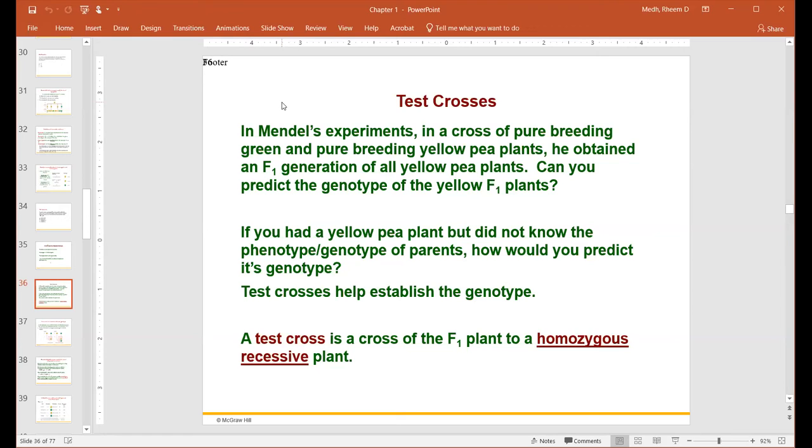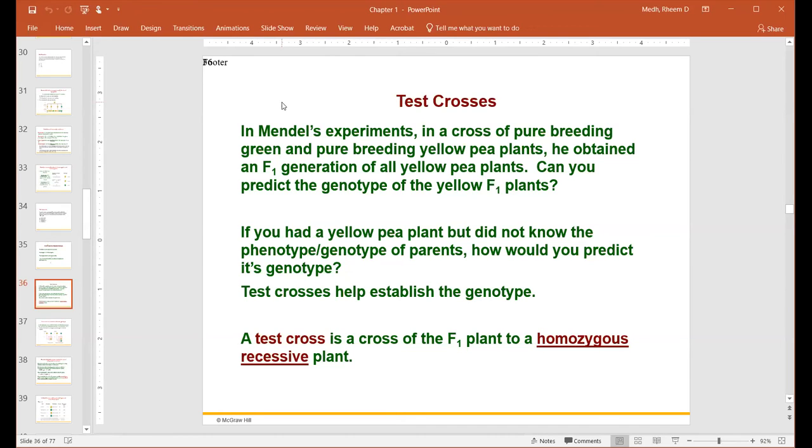So in this case, you have a yellow, let's say a yellow plant, crossed to a recessive homozygous plant. Okay, this is called a test cross. Test cross is always a plant whose genotype you don't know crossed to a homozygous recessive, right?